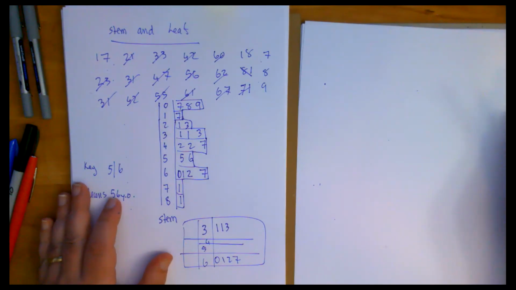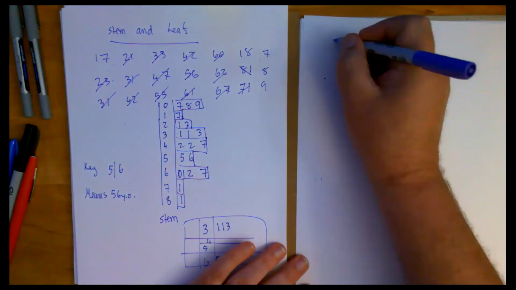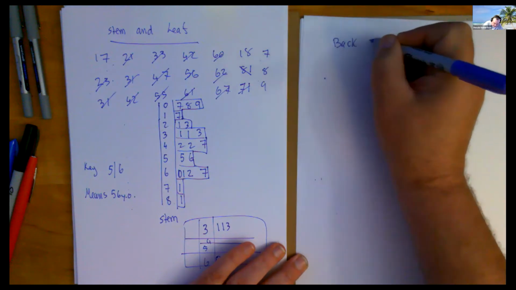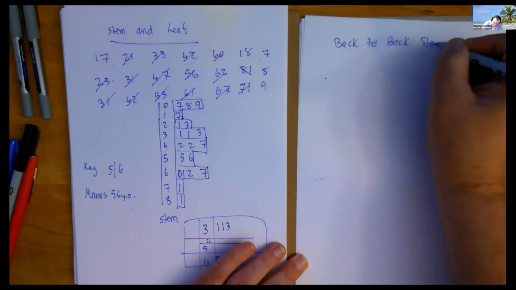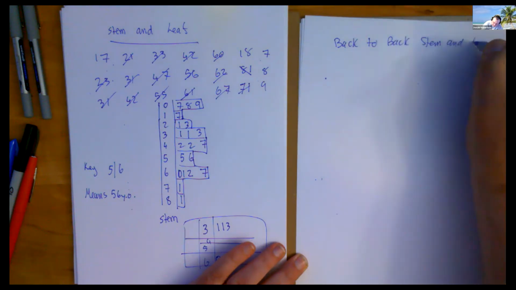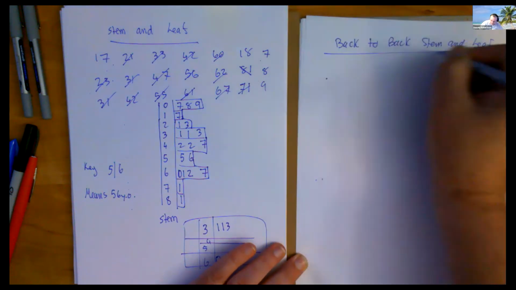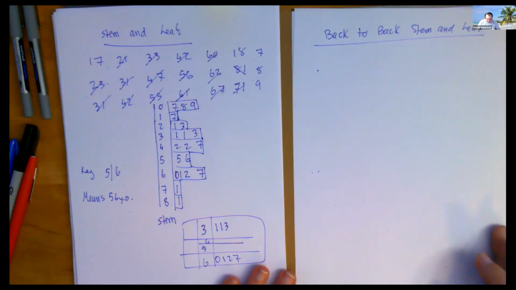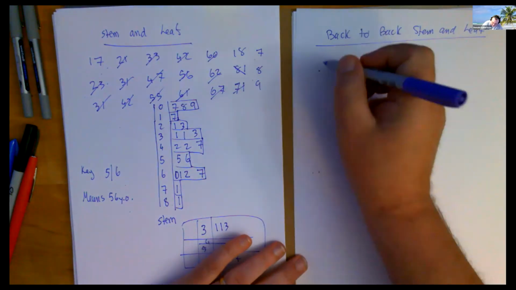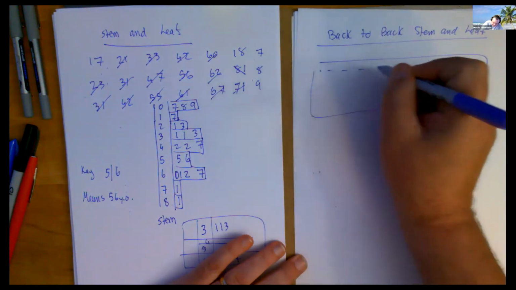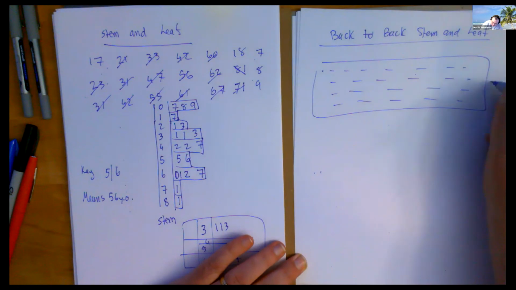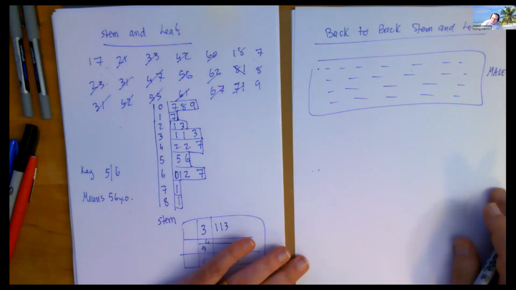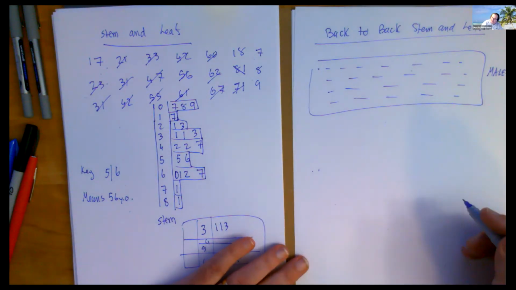Yeah. Right. So let's do another version called the back to back stem and leaf. Now, to save time, I'm going to pretend there's a whole load of data here. And this is the ages of males in my fictitious statistics class, right?